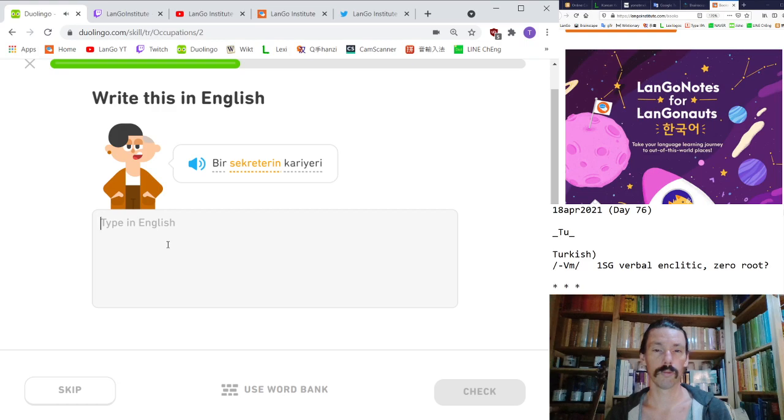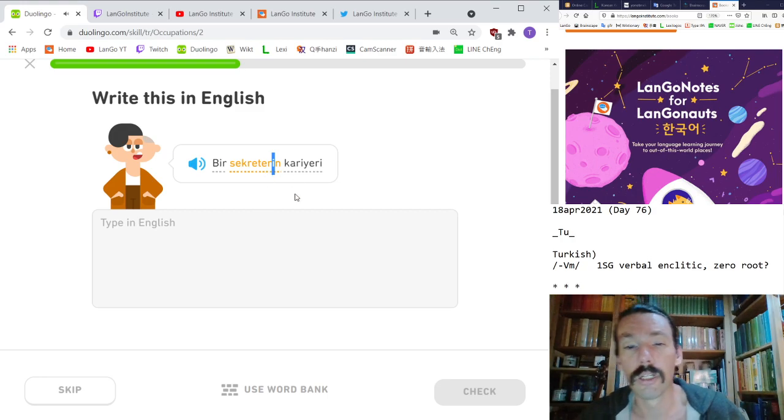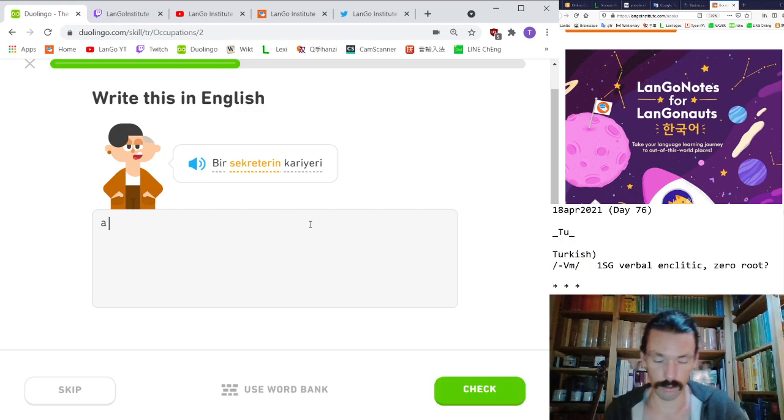Bir sekreterin kariyeri. One. Sekreterin looks like the German feminine. Sekreterin. Okay, no. It looks like it. It's not that. Possessive form. Sekreter being the noun stem. And then in suffix is chosen that is closest to the qualities of e. Kariyeri. Secretary's career.